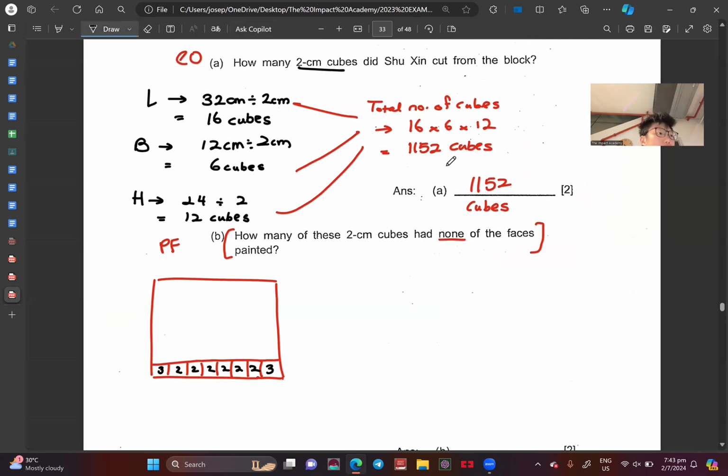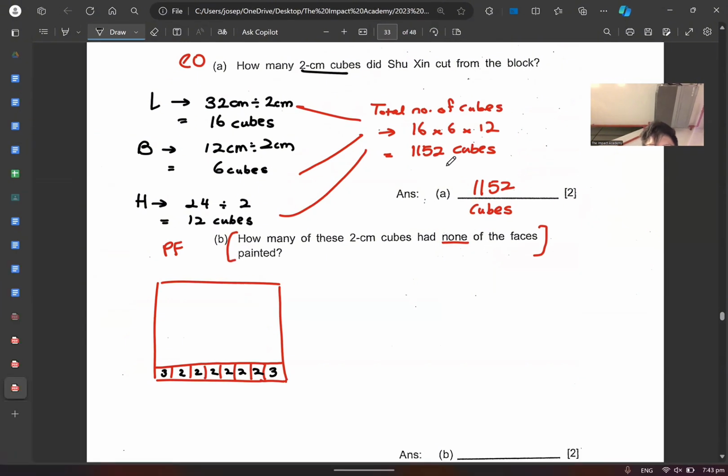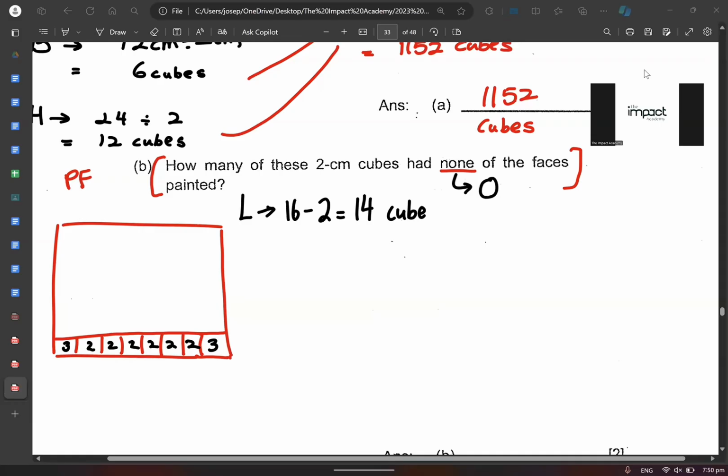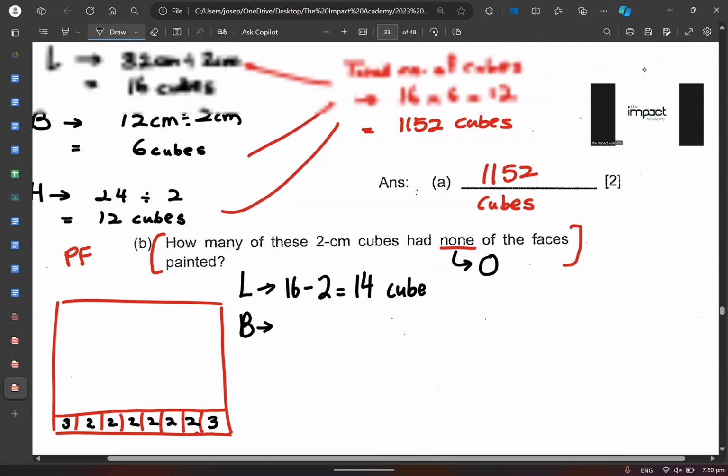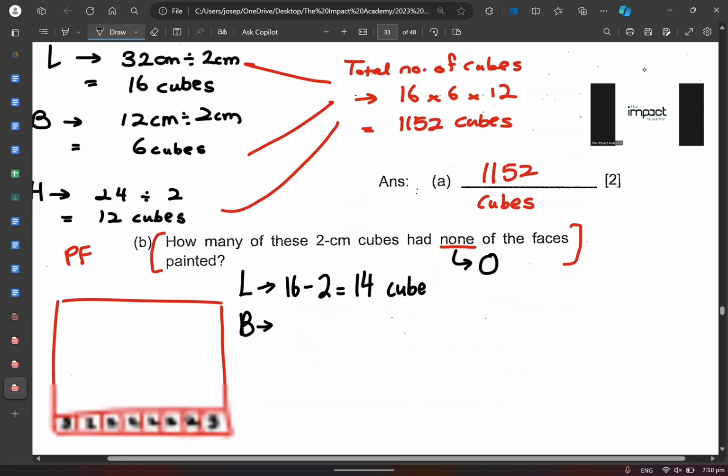Now, can I start? So, to find none of the faces painted, I have to remove the 2 at the corner, right? Then for the breadth, I will do the same thing as well, correct or not? For the breadth, I will basically have to do what? Very good. Am I making sense?